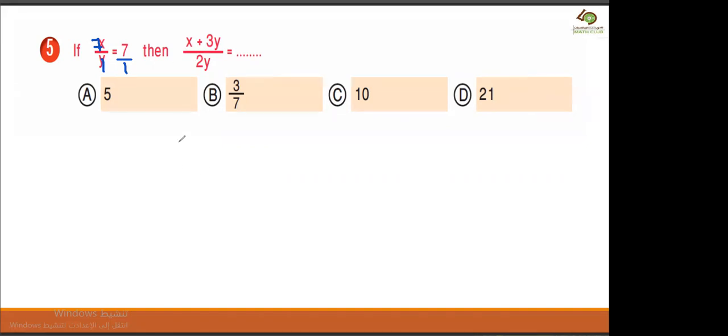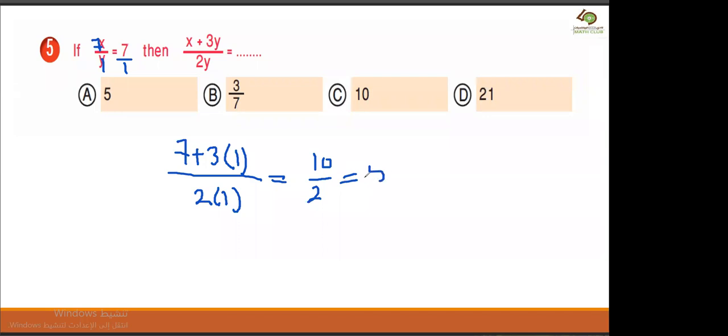X will be, you put here 7 plus 3, Y you put 1, divided by 2, multiply Y is 1. So the answer is 7 plus 3, it is 10, divided by 2. So the answer is 5.